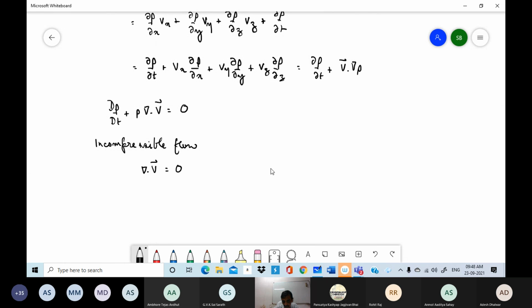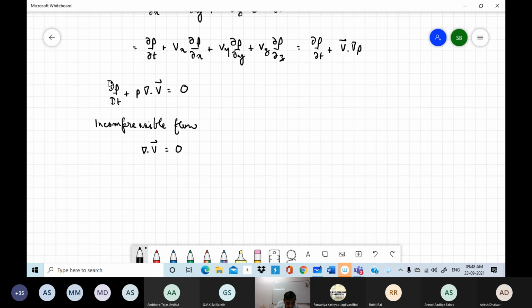Now, what is the interpretation if I don't have rho equal to constant? So let me rearrange. Okay, so let me look at this equation again.